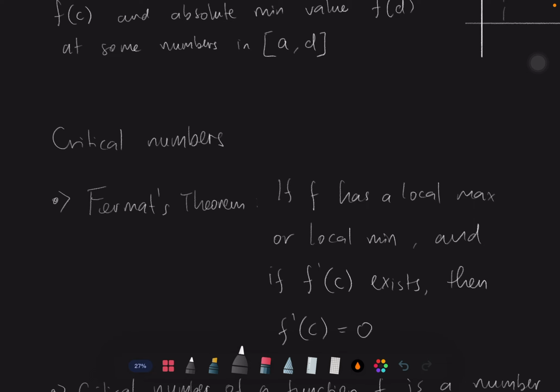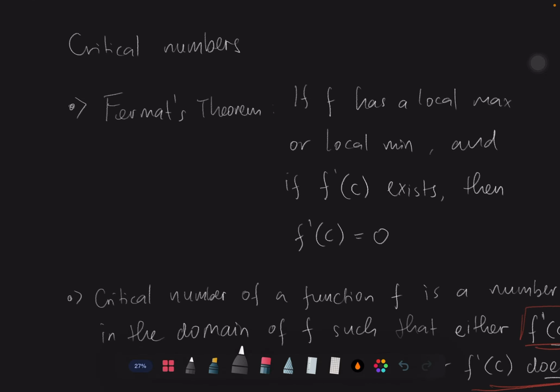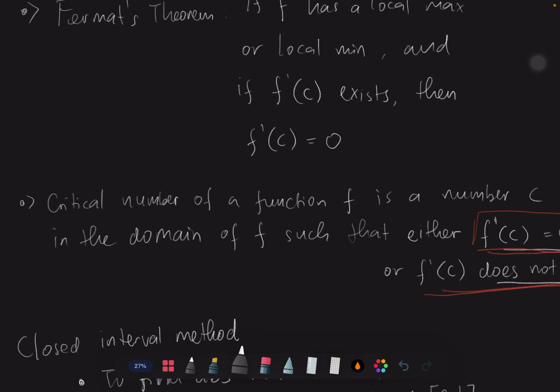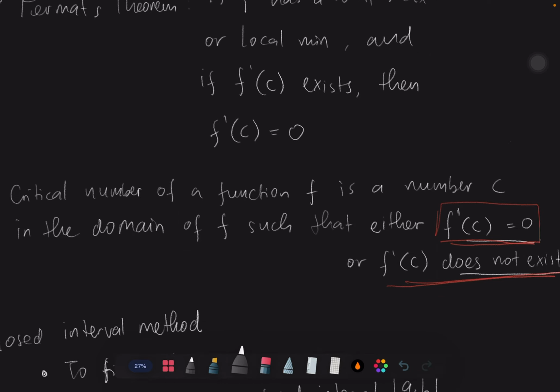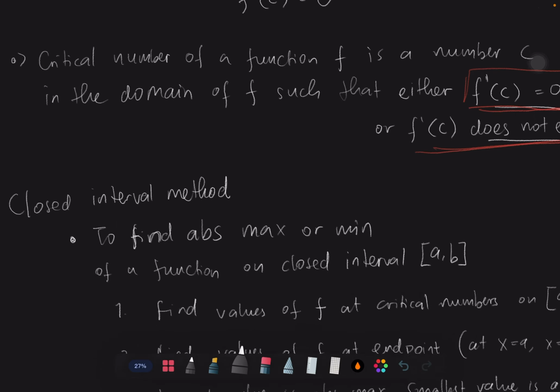Okay, now as we mentioned, a critical number is a number c in the domain of the function such that either f prime c is 0 or it doesn't exist, okay? So we will have some sections dedicated to finding the critical numbers and how they relate to sketching the curve or using calculus. Okay?